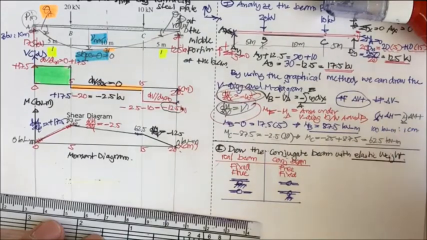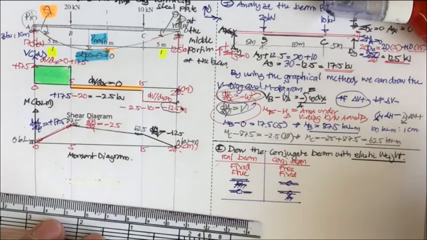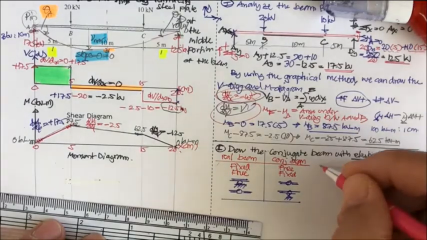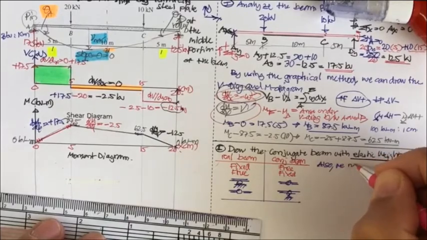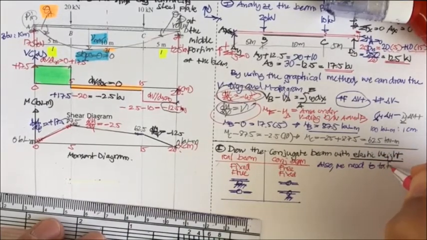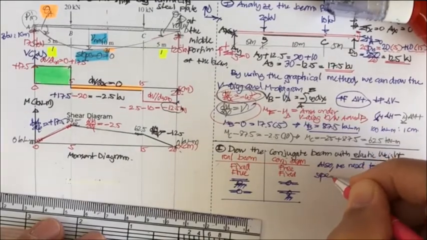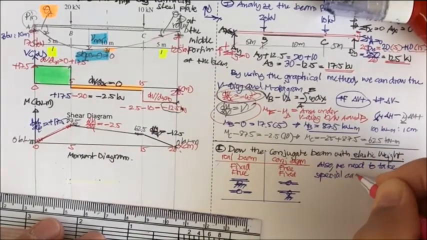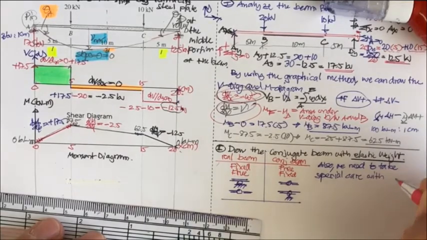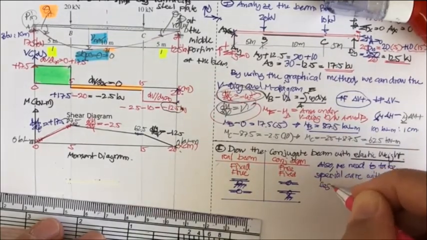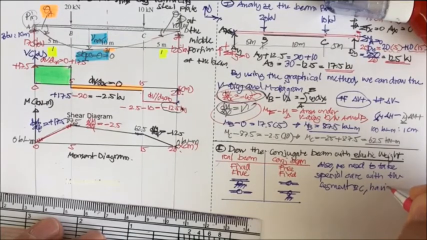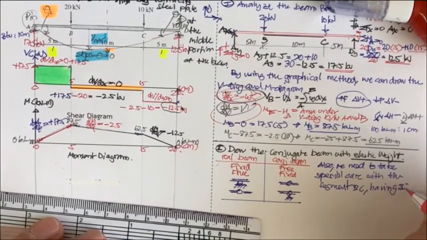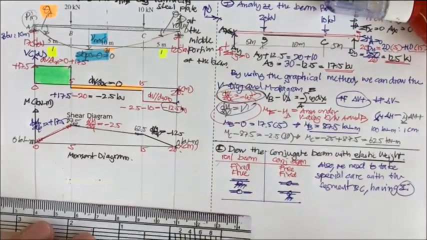We are going to draw the conjugate beam, and we also need to take special care with the segment BC, having two times the moment of inertia.